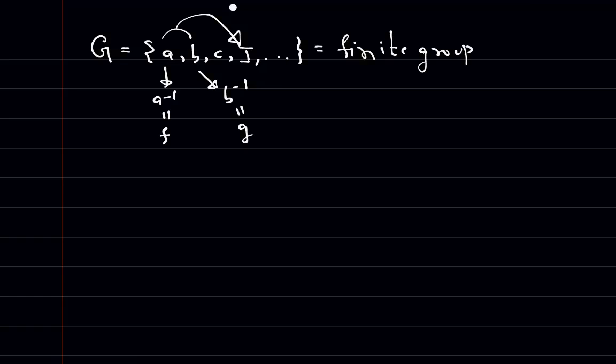Then we read about representation of a group. I said that each group element G, belonging to capital G, is represented by a matrix.